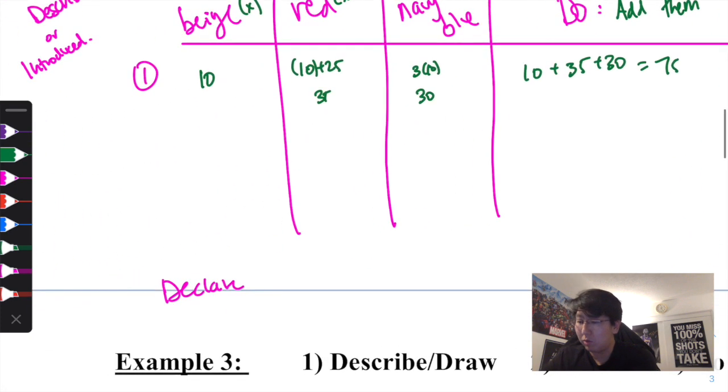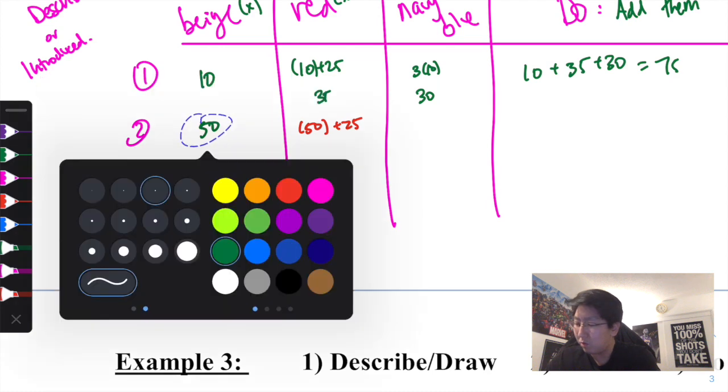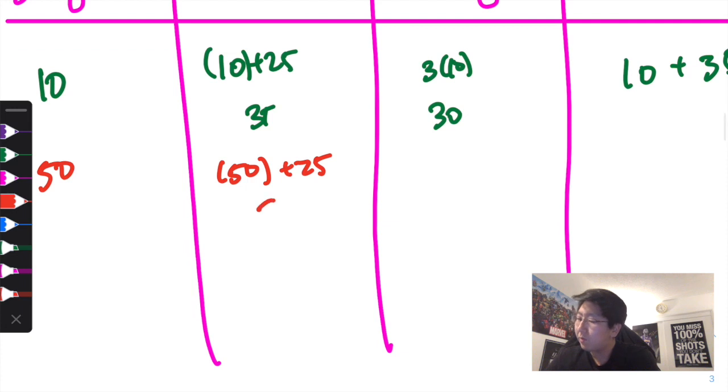Let's do another guess really quick. Okay, it's getting long. Let's guess 50. Let me use a different color, just so you guys don't get confused. 50 plus 25 is 75.